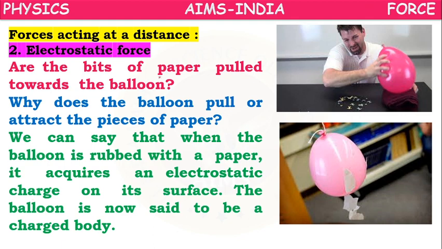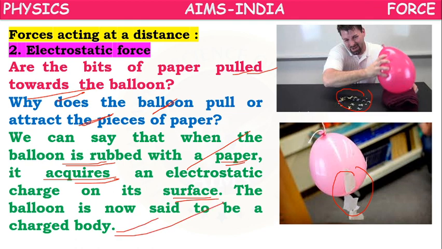Are the bits of paper pulled towards the balloon? So why is the balloon pulling or attracting the pieces of paper? You can observe that the pieces of paper will get attracted to the balloon. So why? When the balloon is rubbed with paper, it acquires an electrostatic charge on its surface. So the balloon is now said to be a charged body.